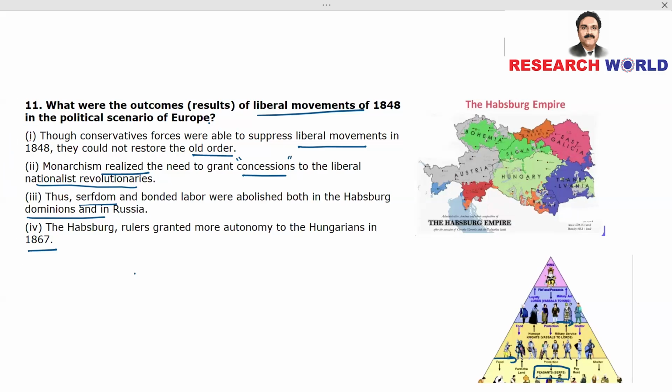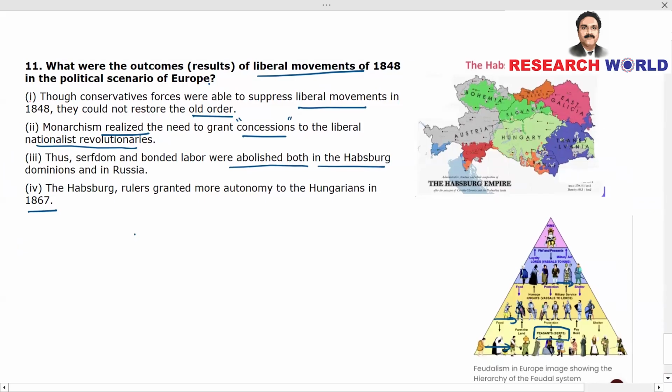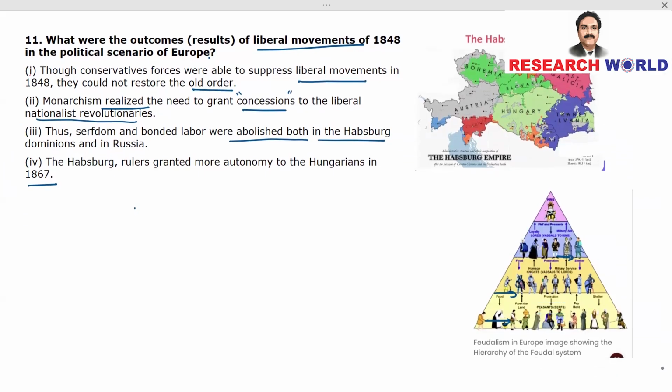Okay, and third point, thus serfdom and bonded labor were abolished both in the Habsburg dominions and Russia. What does that mean? Serfdom and bonded labor. Already we have discussed this under Unit 2, where the social system in Europe in the 19th century, we have discussed that if you take this triangle as a social hierarchy or a pyramid of hierarchy, on the top you have got the king or monarch, then comes nobility, clergy, etc. And finally, at the bottom of the pyramid, you get who are called peasants or serfs.